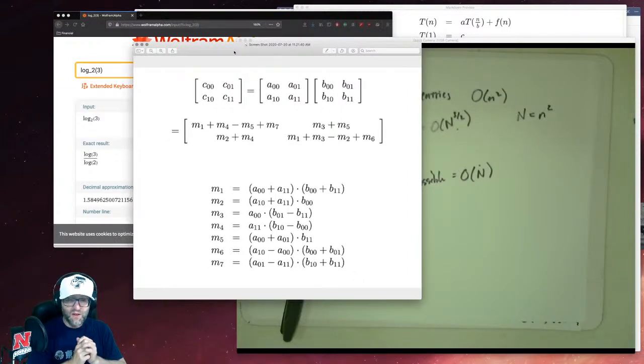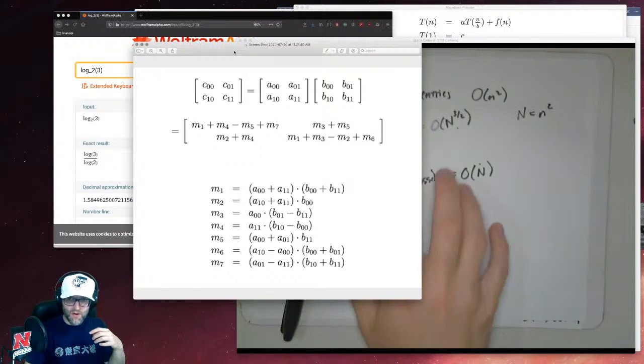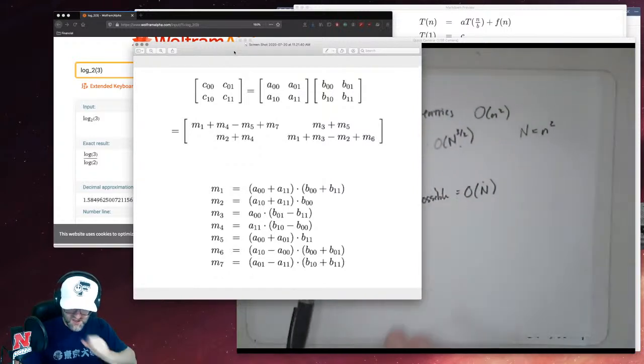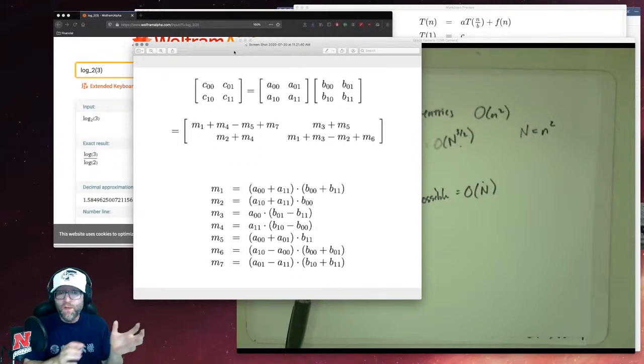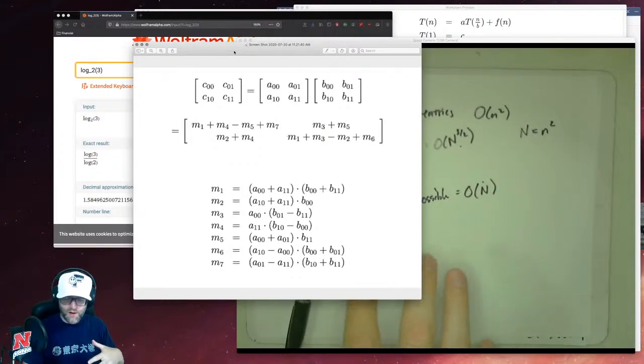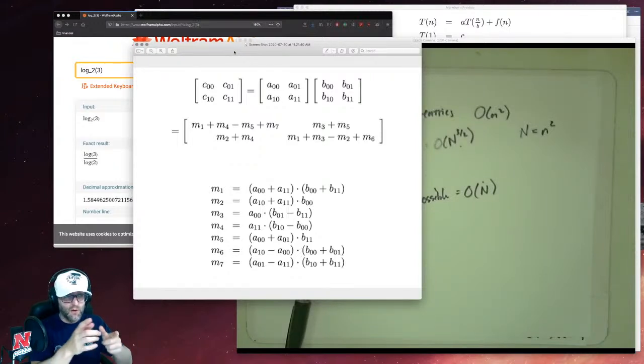Well, likely he had a big giant blackboard, and he wrote down the definition that I wrote down over here, excuse me, of matrix multiplication, and he just started moving things around and saying, just like Karatsuba multiplication, all he did was write down the FOIL rules and say, okay, well, if I move that over there, that over there, that over there, eureka, I can get away with only 3 multiplications here.